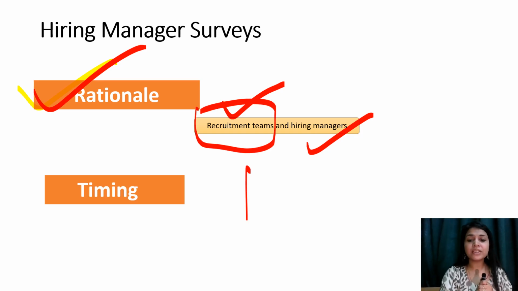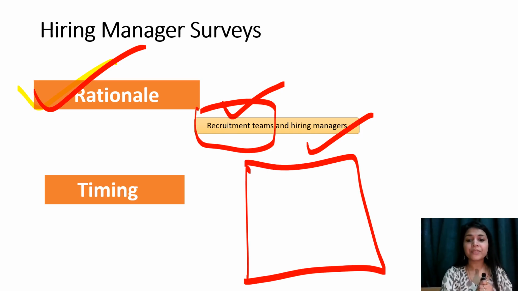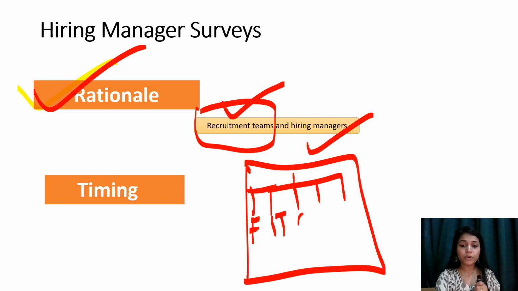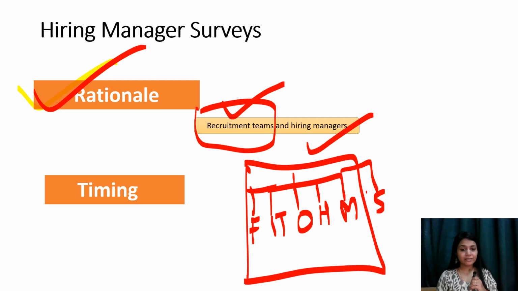Recruitment teams, for example: there is an organization and there are multiple departments. I'm giving a very layman example. Let's say there is a finance department, an IT department, an operations department, an HR department, a marketing department, a sales department. There are so many departments, right?